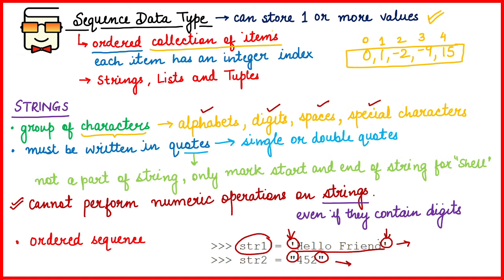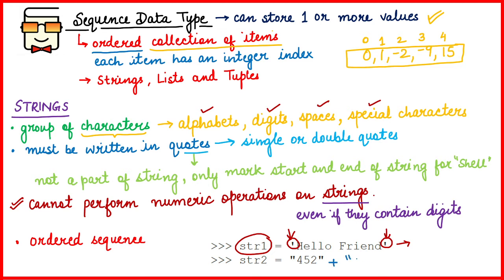Okay, so one last point that you must remember is, strings, though they can contain digits, just like this particular example in which the string contained the value 452, numeric operations cannot be performed on them even if they contain all digits.